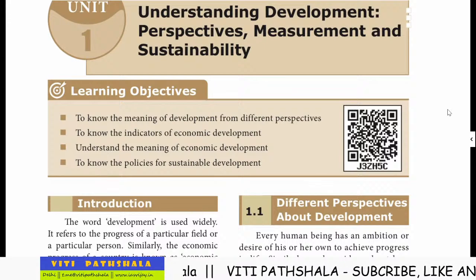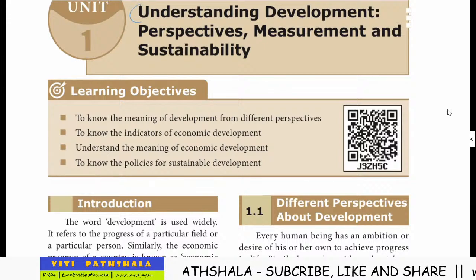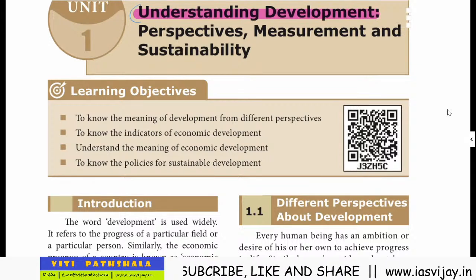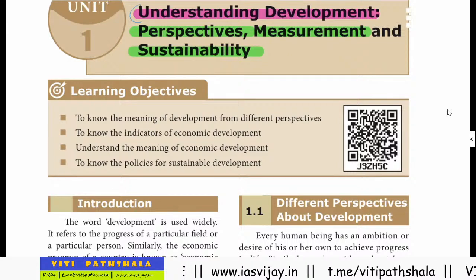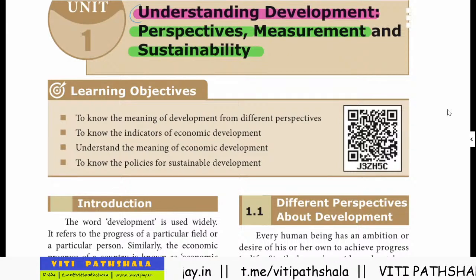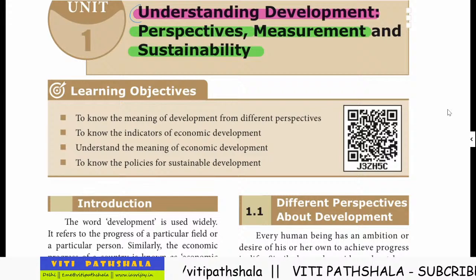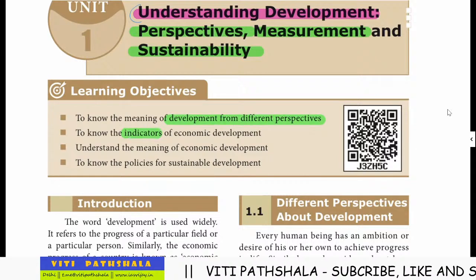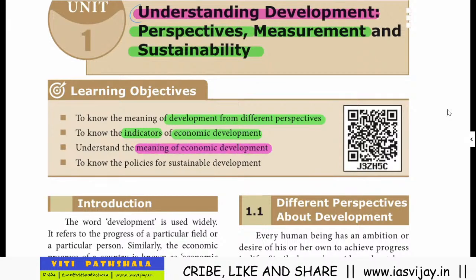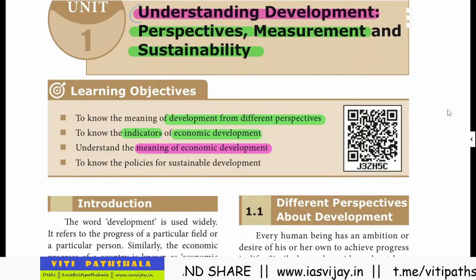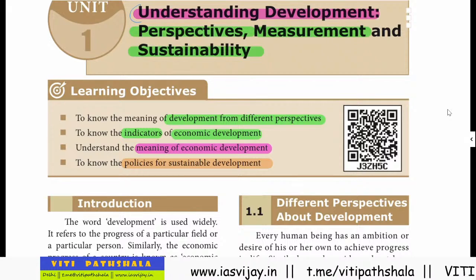Our learning objective would be understanding the development, the perspective, measurement, and the sustainability. Now, to know the meaning of development from different perspectives, to know the indicators of economic development, to understand the meaning of economic development, and to know the policies for sustainable development.